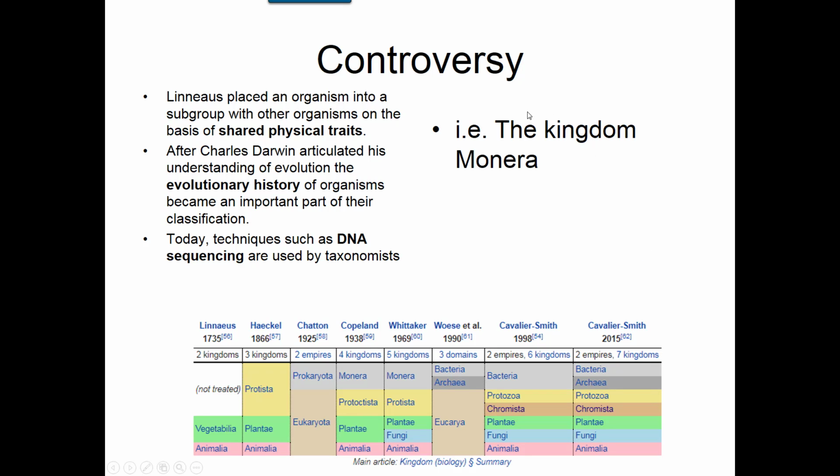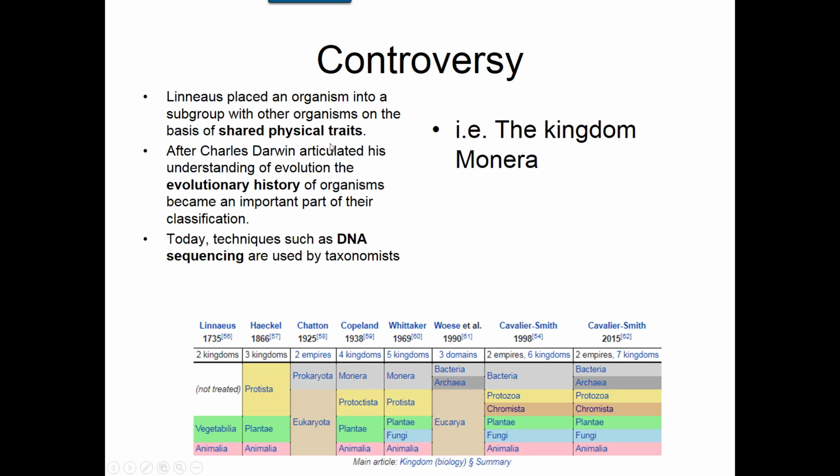And I want to give you an example of how some specific evidence has changed our classification by looking at the Monera kingdom. So we can see that pop up here and here in the 30s and then again in the 60s. Monera was a kingdom that included all the prokaryotes. And you can see why that would happen based on shared physical traits. So they all look similar. They're all really simple. They're single-celled organisms.